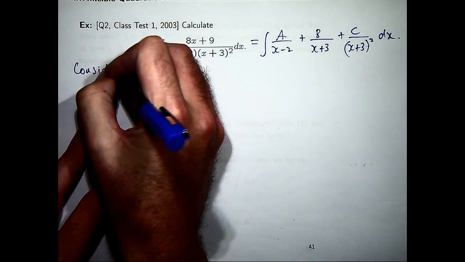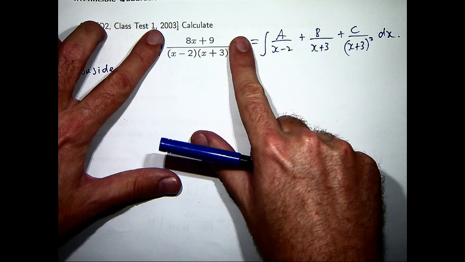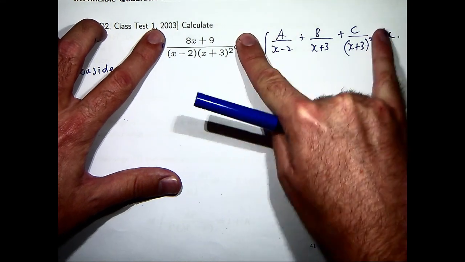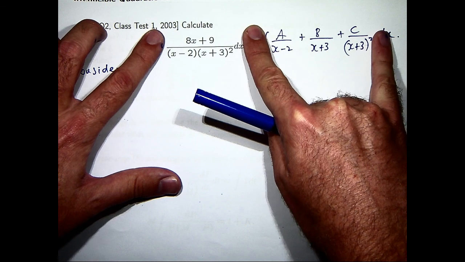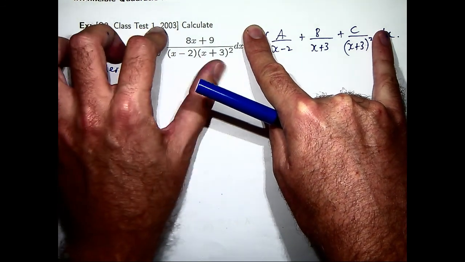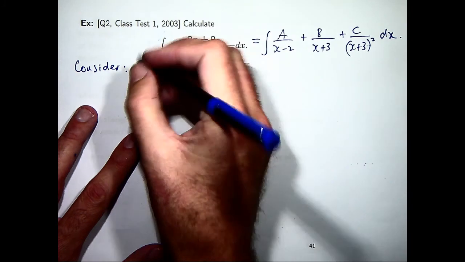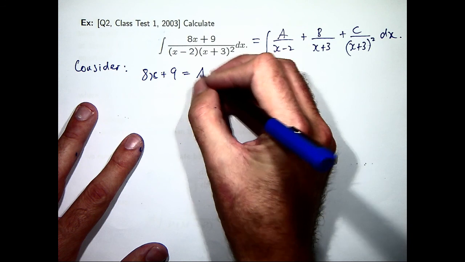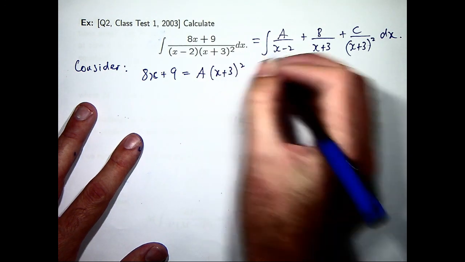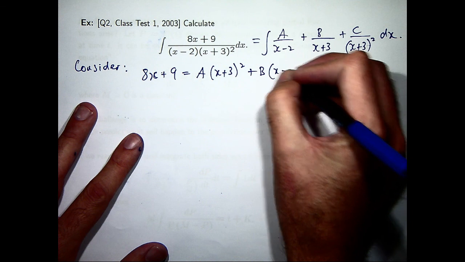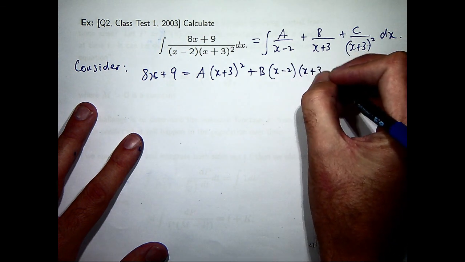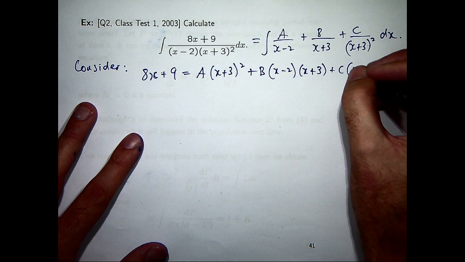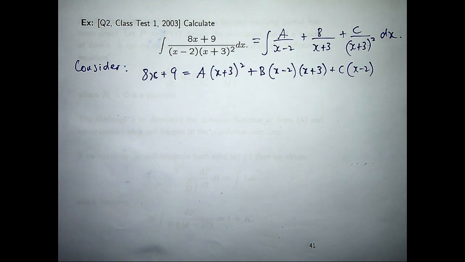So I'm just going to compare the integrands and multiply both sides by what's down here. If I do that, I'll get some cancellation, and I'll get an important equation that I'm going to work with.